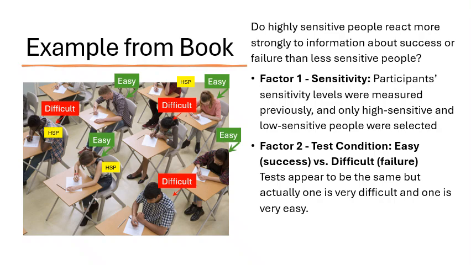That was the manipulation in the experiment. The dependent variable is mood after success or failure. So we have two factors: this participant factor of sensitivity, and this manipulation, which would be an official IV. We're going to find a way to combine these.